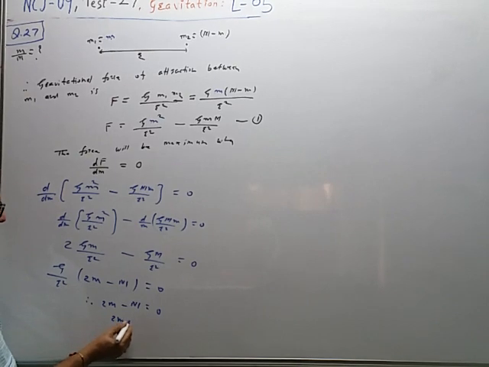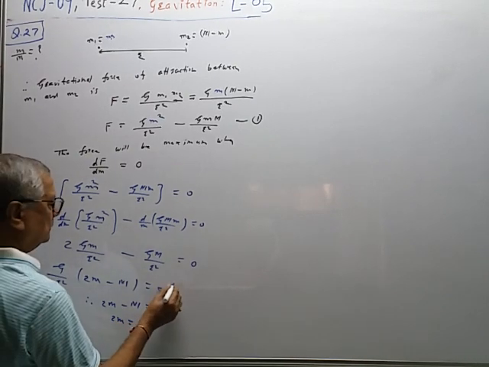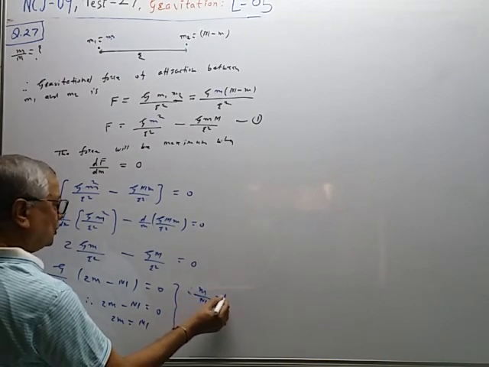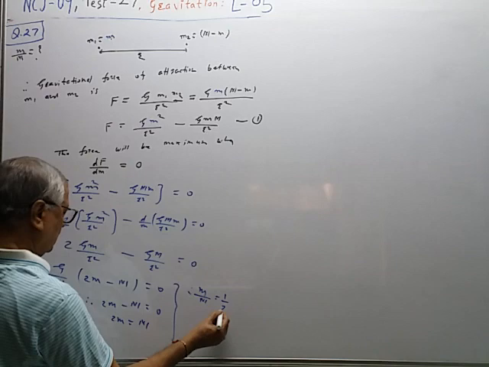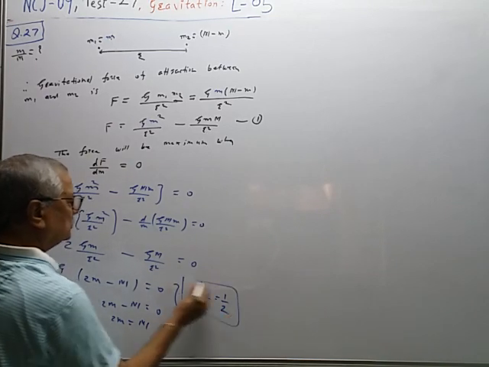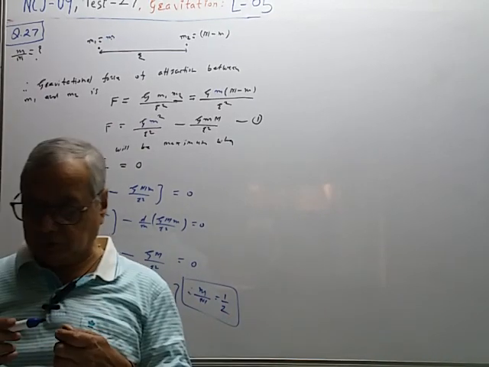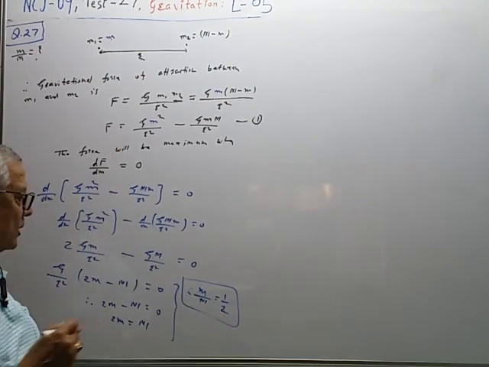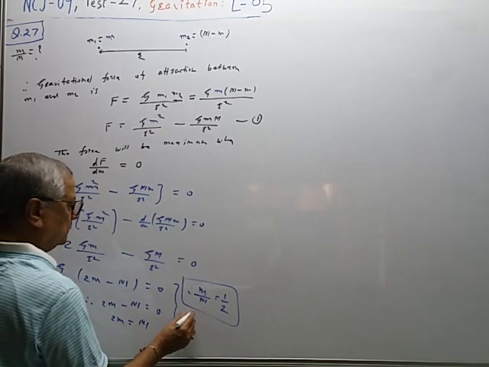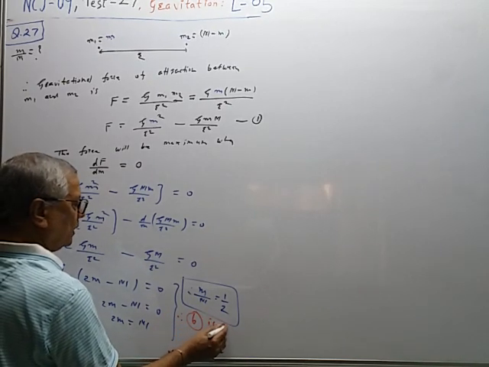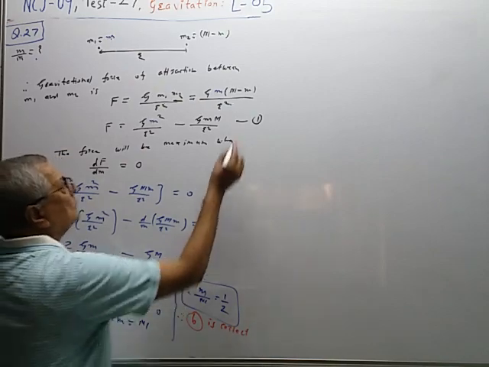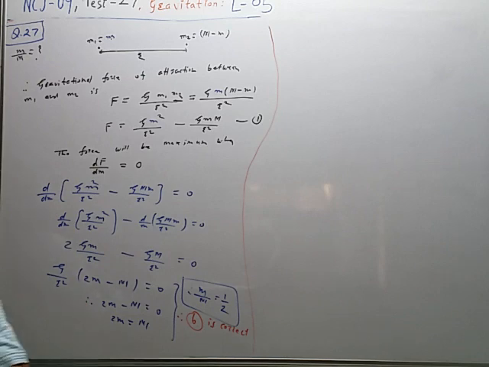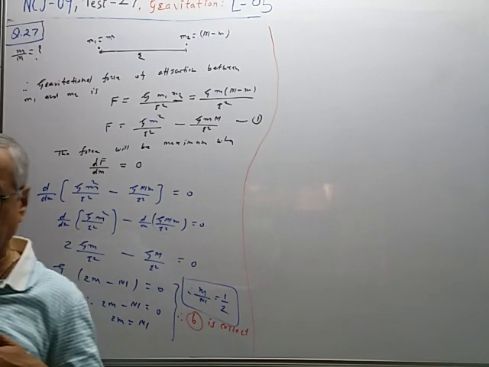And therefore 2m is equal to capital M. And therefore m upon M should be equal to 1/2. The ratio should be 1/2. So both the parts should have equal mass. And therefore correct choice is B. B choice is correct.